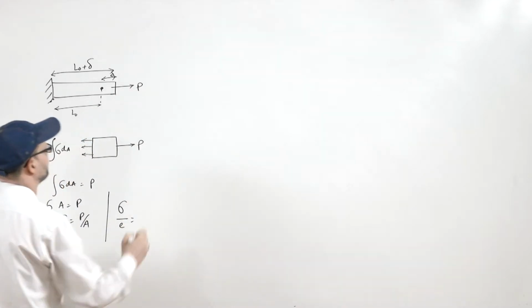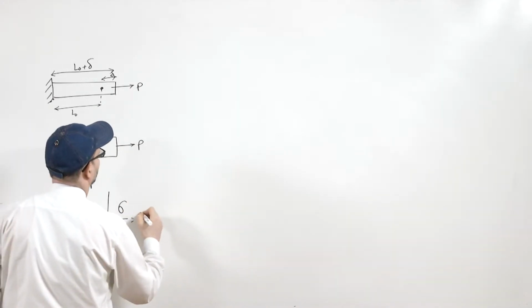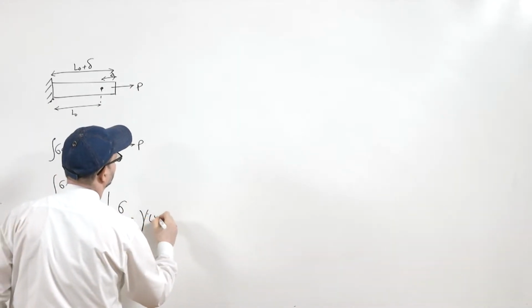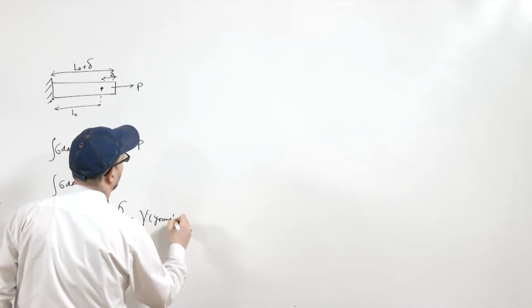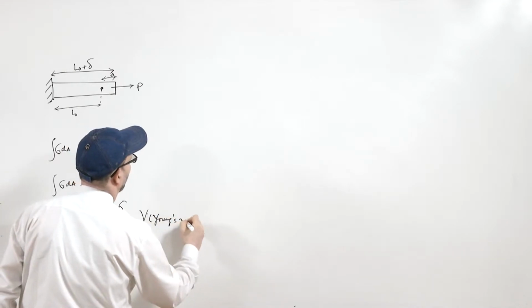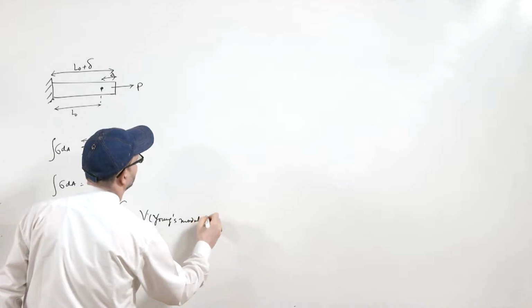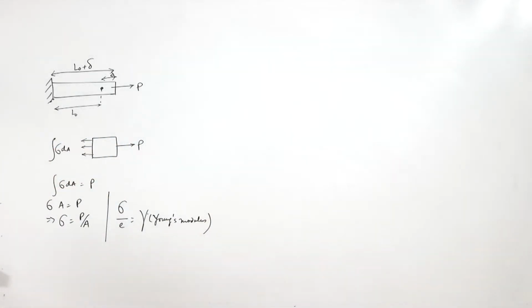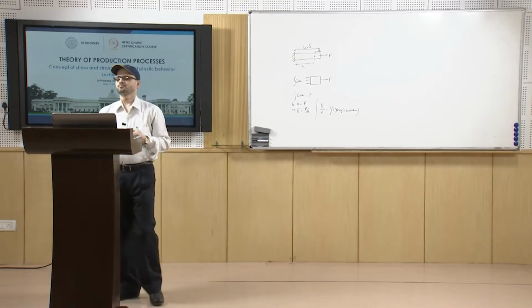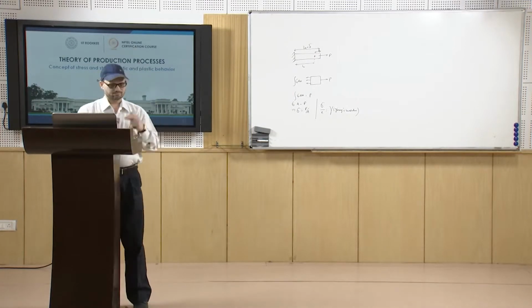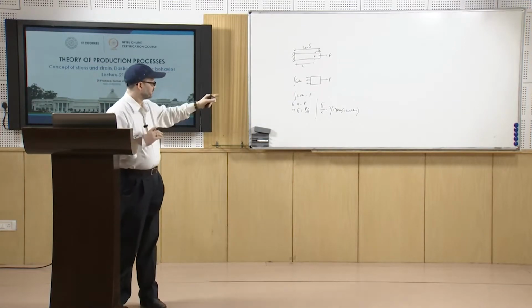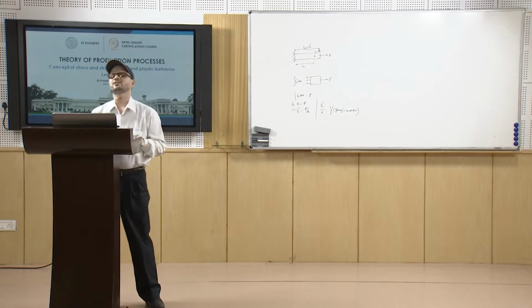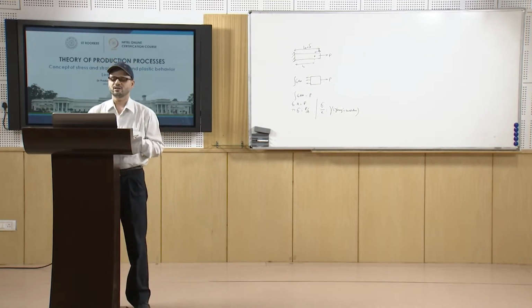So, if epsilon is the strain, then that is the Young's modulus of elasticity. So, that is how you find the Young's modulus of elasticity once you have that curve.